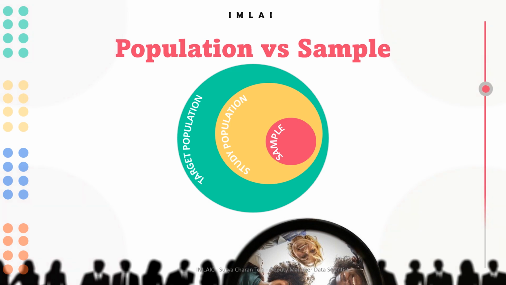Alternatively, they might use stratified sampling to ensure that the sample is representative of different subgroups within the population of interest. Sampling is a critical component of research design, as the quality of the sample can have a significant impact on the validity and generalizability of the study's findings. So this is what population, target population, study population, and sampling are.